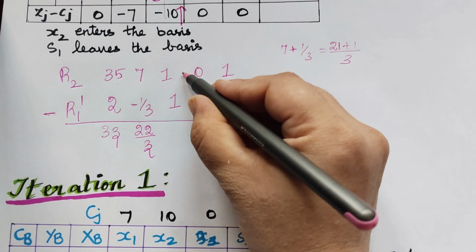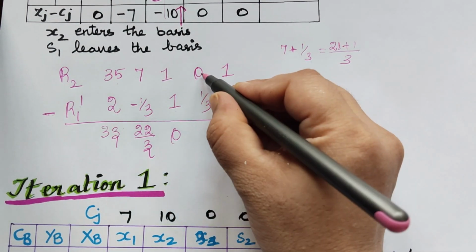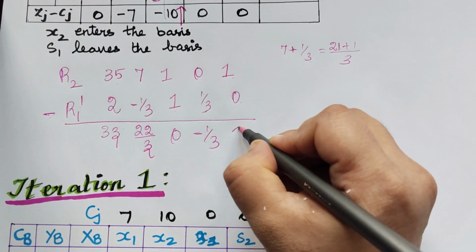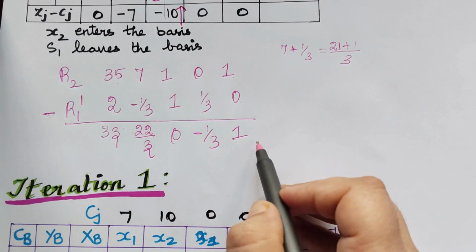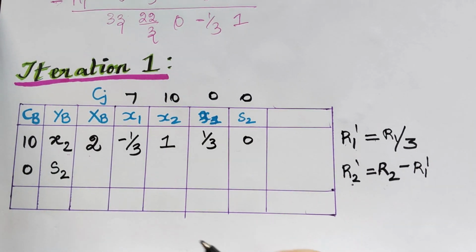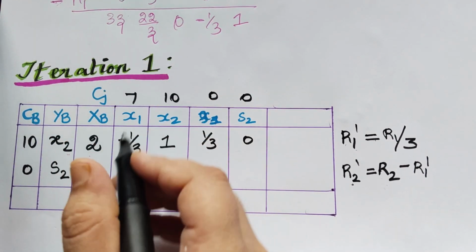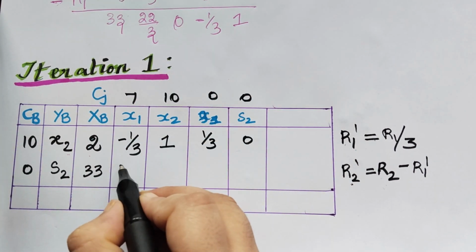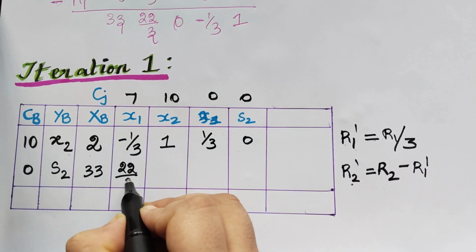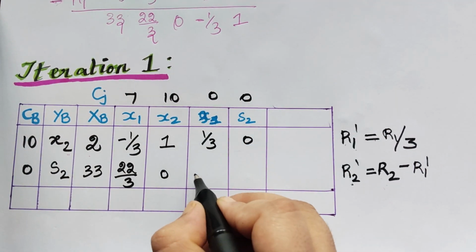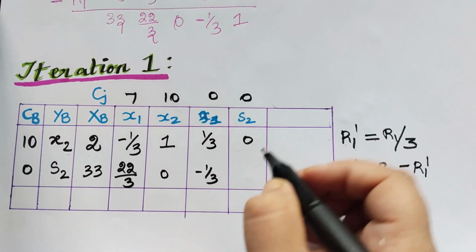And then 1 minus 1, 0. Then 0 minus 1 by 3 will be minus 1 by 3. 1 minus 0, 1. So these are the elements of the new row R2 dash. So let's take and write them here. So first is 33, and then 22 by 3, then you have 0, then you have minus 1 by 3, and then you have 1.